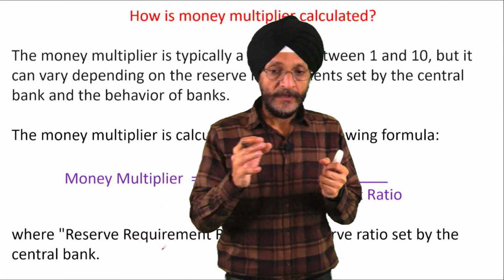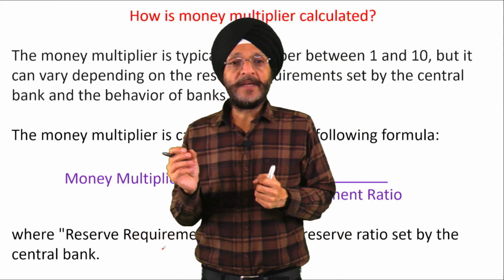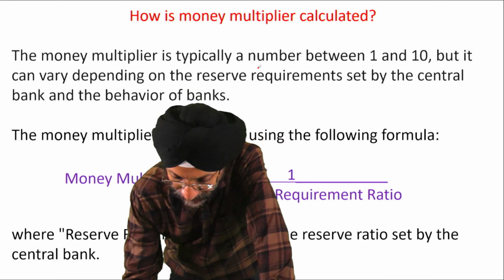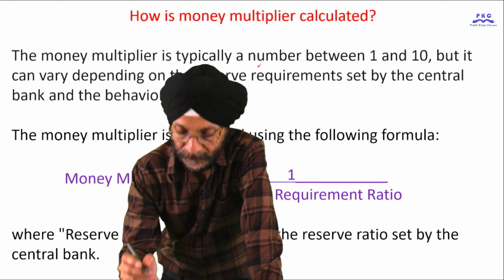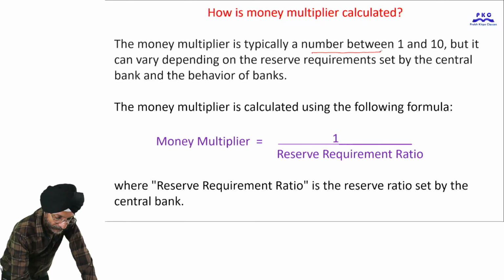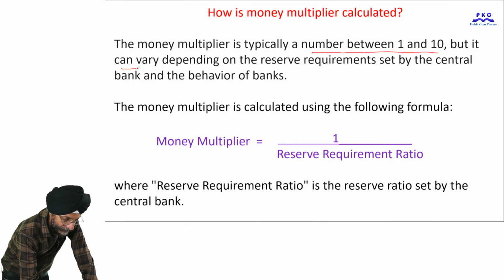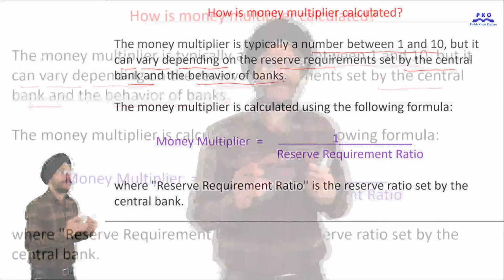The money multiplier is typically a number between 1 and 10, but it can vary depending on the reserve requirements set by the central bank and the behavior of banks.